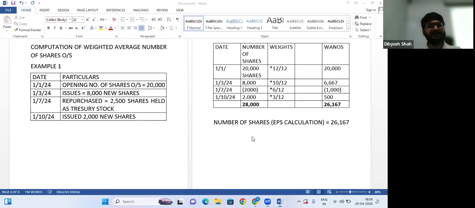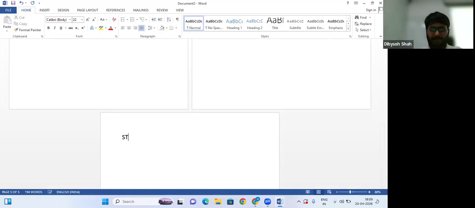Now this is the easy one. Now there are some others. One is stock split. One is reverse stock split. And one is stock dividend.